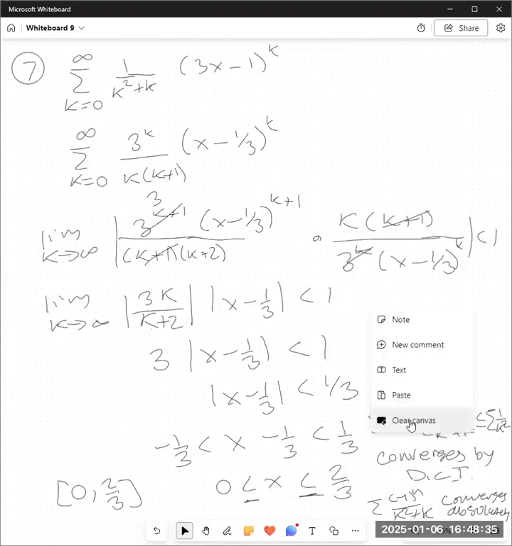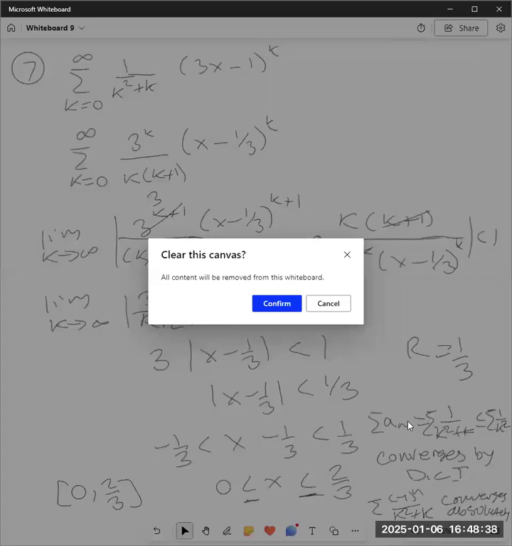All right, let's go ahead now and look at number 9. Nine says summation k equals 1 to infinity of 2 to the 5k over 5 to the 2k, x over 3 to the k.